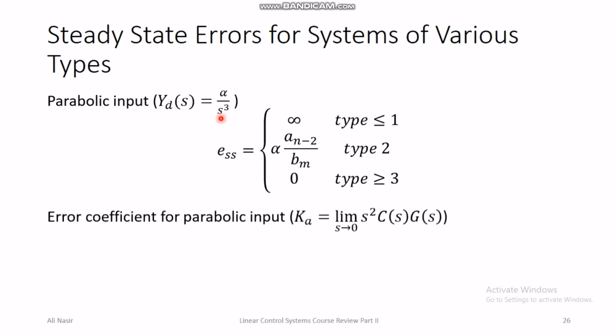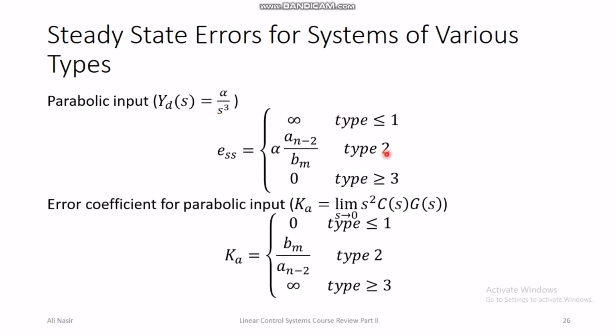The error coefficient is Ka, limit s approaches 0 of s square times C(s) G(s), which is 0 for type 0 and type 1 systems, and a finite value b_m over a_{n-2} for type 2 systems, where a_{n-2} is the coefficient of s square. The coefficient is infinite for type 3 and above systems.